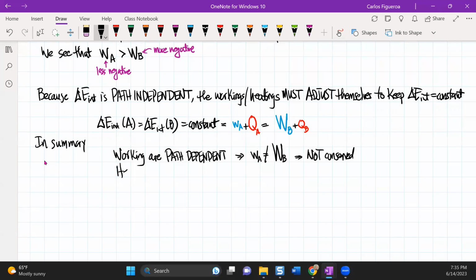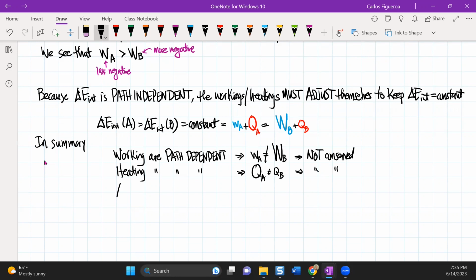I can say the exact same thing with heating. Heating is path dependent, and the reason is that you can see these are not the same along the different paths.